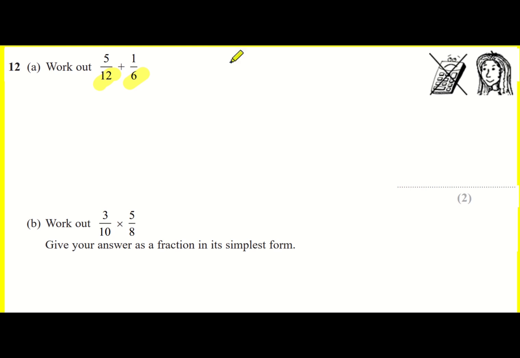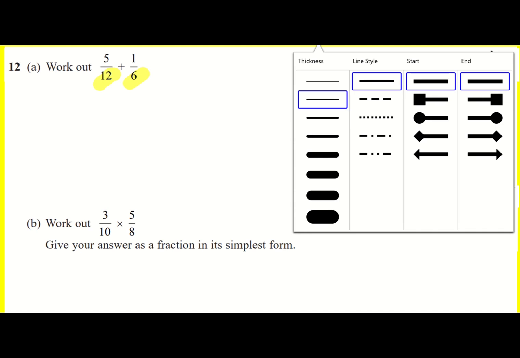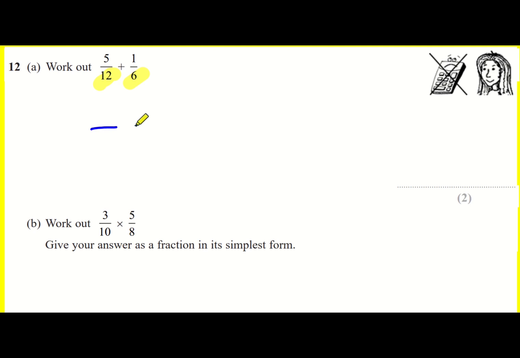Some students like to just multiply the two current denominators together to get their common denominator. So if we did this in this situation, we'd do 12 multiplied by 6, which gives us 72. So all I've done there is multiplied the 12 by the 6.